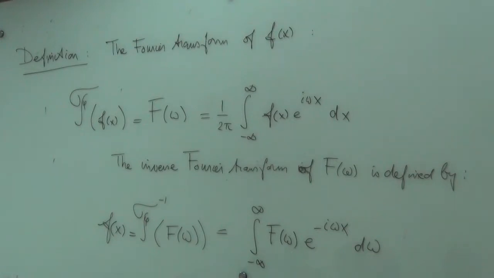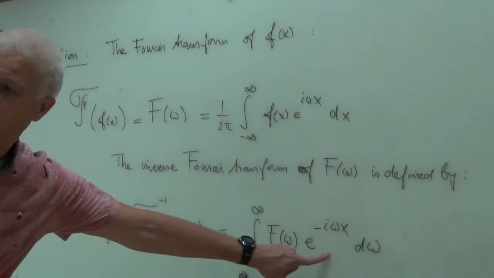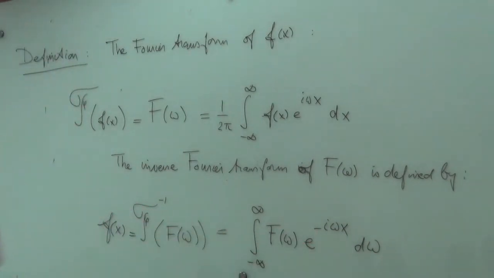The inverse is the integral from minus infinity to infinity of F(omega) times this d omega. Okay, you see that? So if this is F(omega), then I have here the integral from minus infinity to plus infinity, F(omega) e to the power minus i omega x d omega.